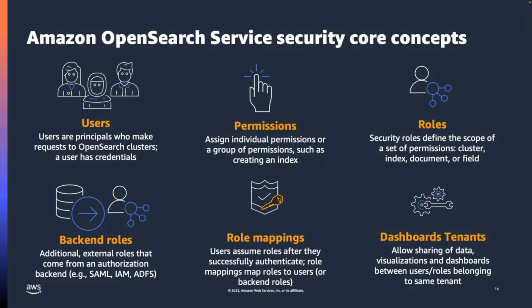Then we have the concept of backend roles, which are nothing but external identities. So if you have users logging in from your SAML IdP or through other authentication mechanisms, you need to be able to map those external users, based on some user attributes, into the cluster. For example, you may have backend roles for a user who's an administrator.